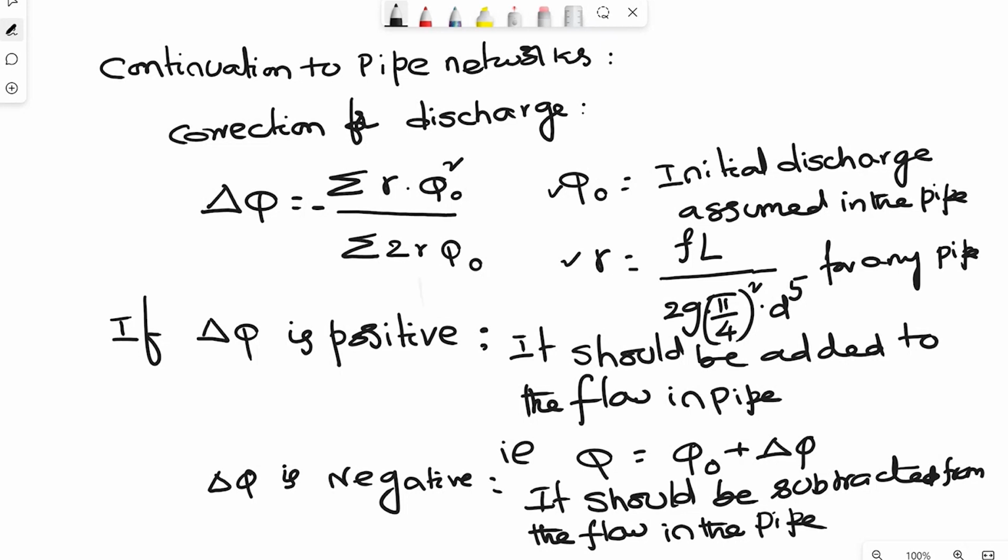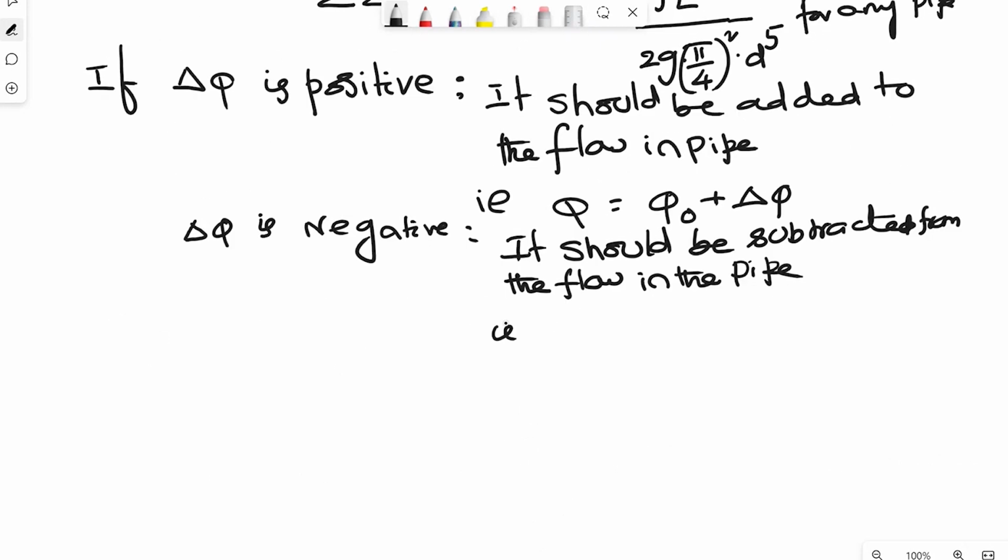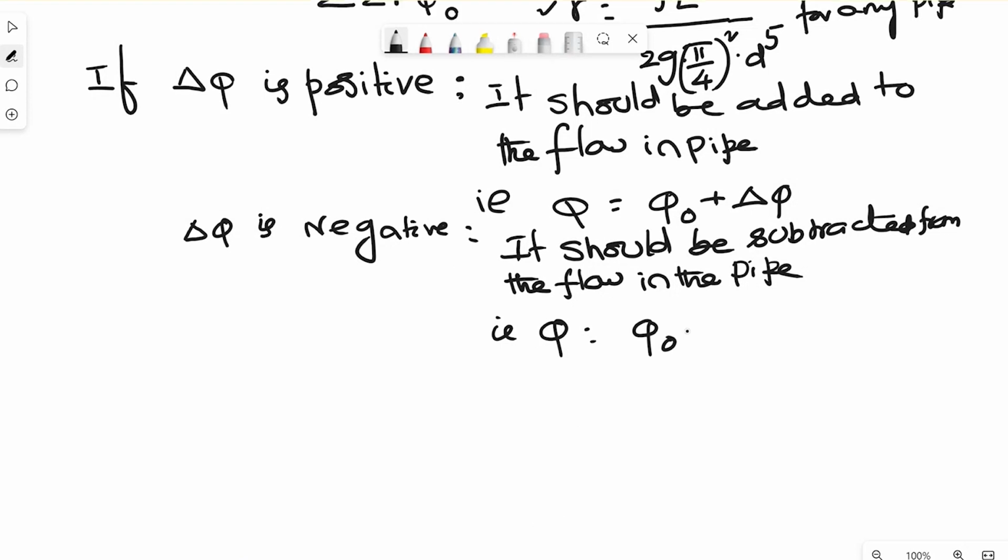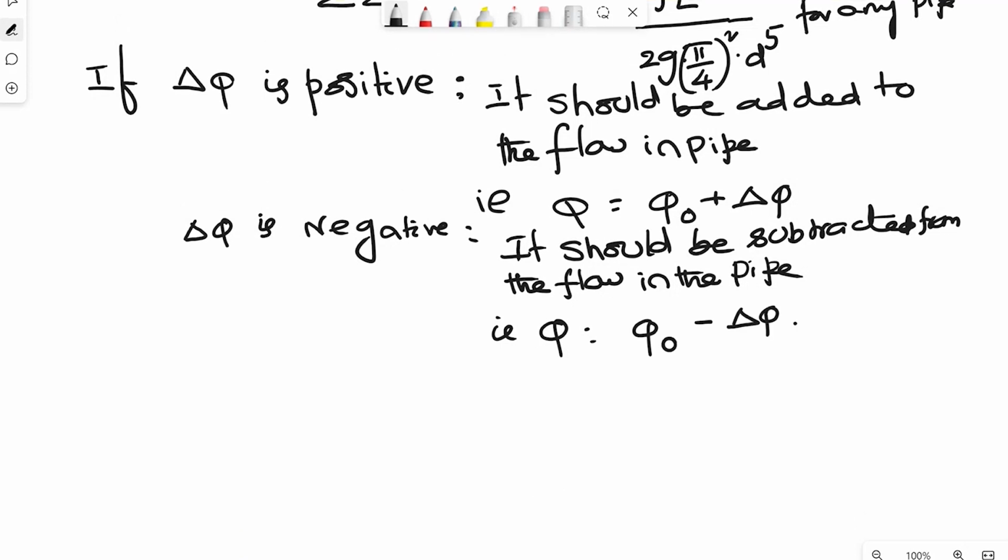In such a case, Q is equal to Q naught minus delta Q. So these are the two equations which we use.